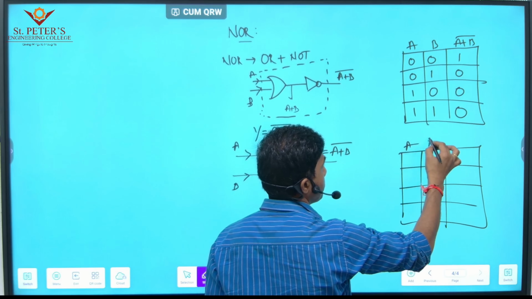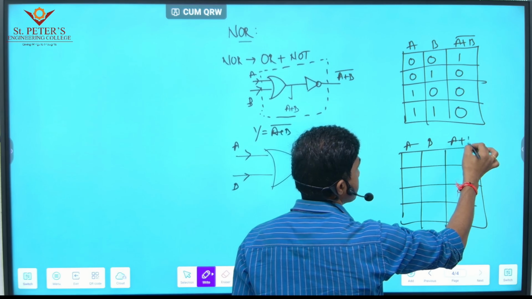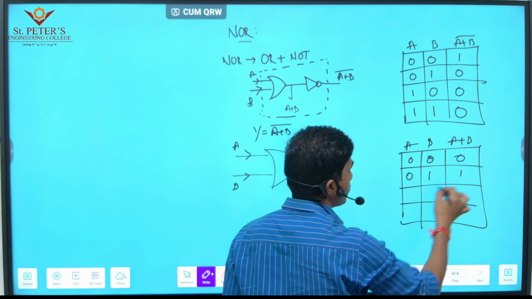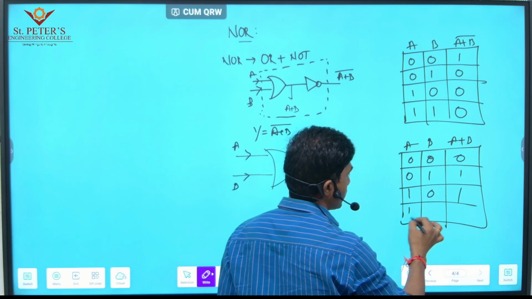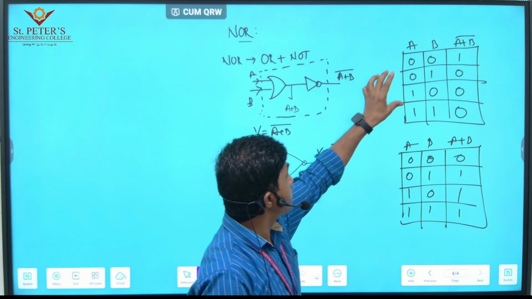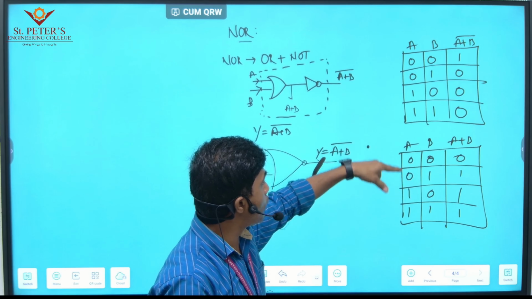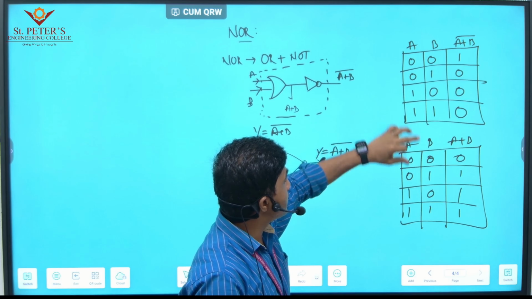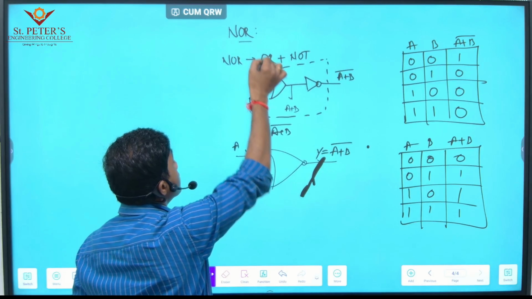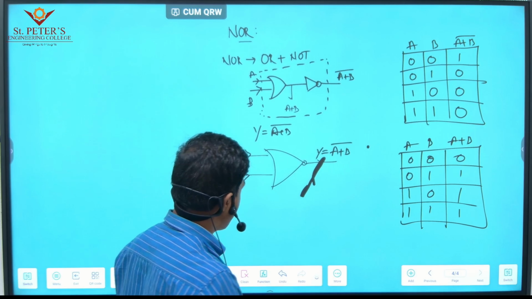A, B, A plus B: 0 0 gives 0, 0 1 gives 1, 1 0 gives 1, 1 1 gives 1. If you observe the truth tables of NOR and OR, the NOR truth table is exactly the complementation of your OR. That's why NOR is a complementation of OR gate.